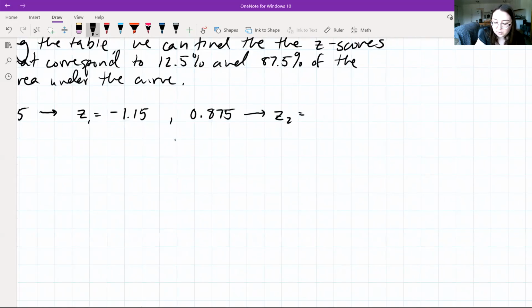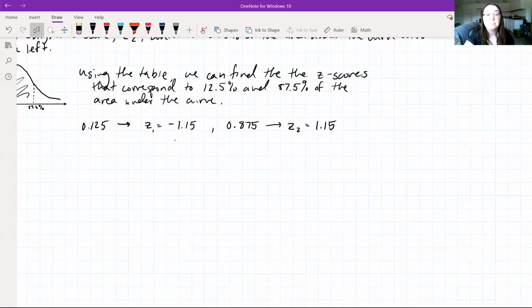So we see our new z-value of 1.15. Now we see here that our z-values are the same, except that z1 is negative and z2 is positive. But they're both 1.15, with z1 being negative 1.15 and z2 being positive 1.15.